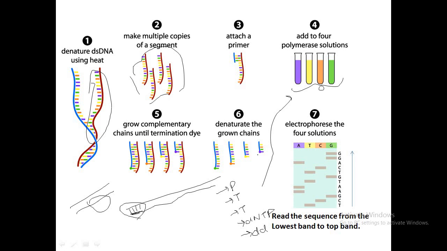That means primer, template, Taq, as well as dNTPs, all of these things will be present in all four test tubes, because replication will happen in all four test tubes, but in each test tube you will add the dideoxynucleotide separately.